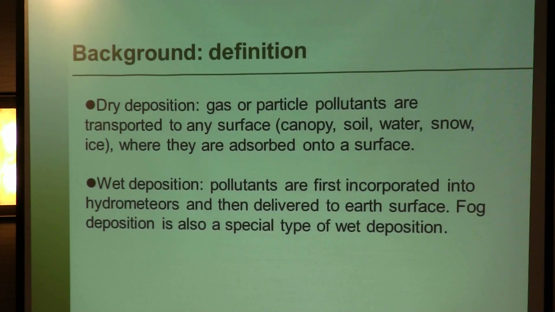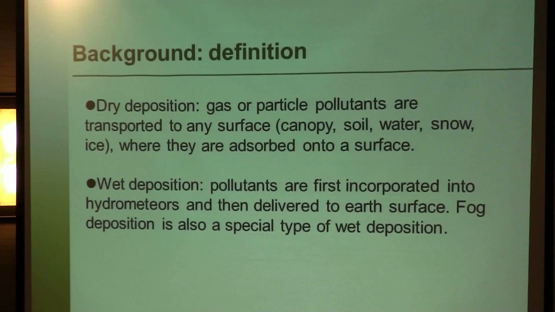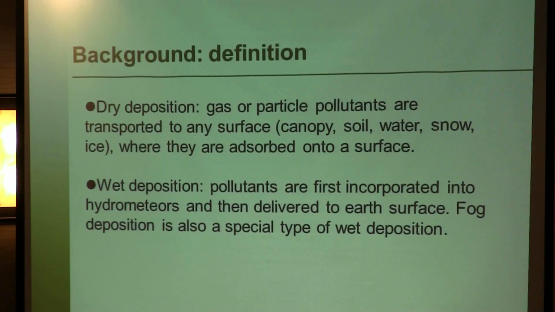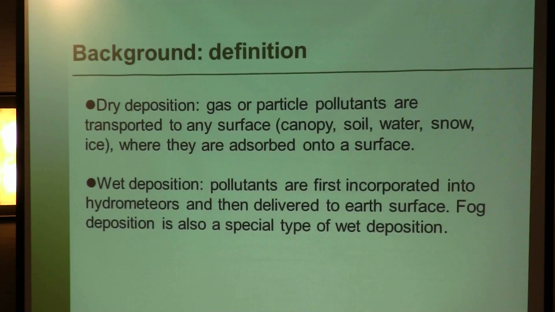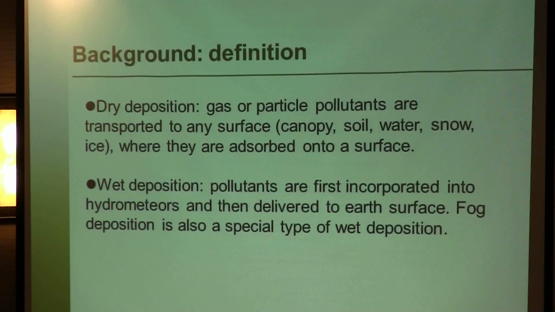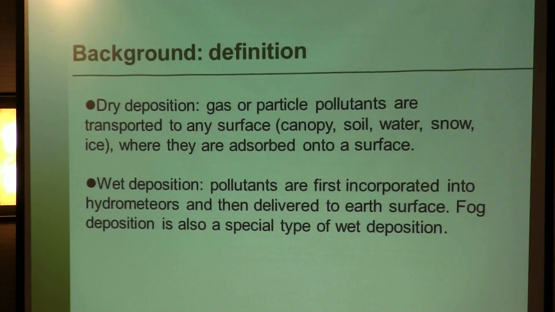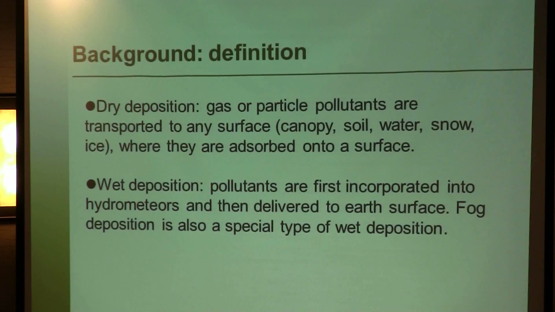And in the atmosphere, if the pollutants are first incorporated into hydrometeors such as cloud droplets, rain droplets, or snow particles, and then delivered to the Earth's surface, this process is called wet deposition. By the way, fog deposition is also one type of wet deposition because fog is just a cloud touching the ground.